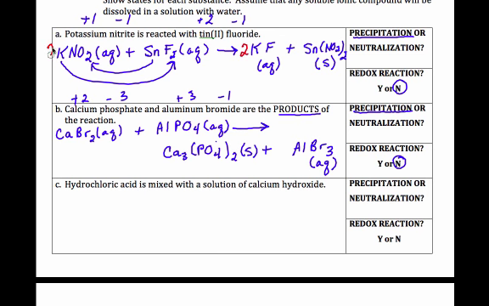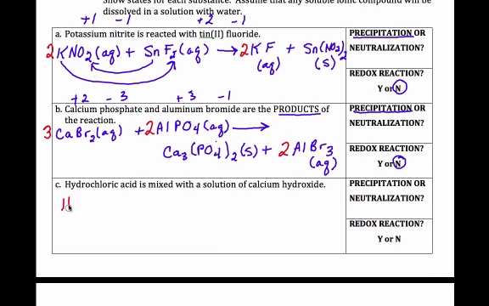And my answer for that one was no. And for this one, I need to balance. And let's see, that gives me 3 calciums, 3 calciums, 6 bromides, 6 bromides, 2 aluminums, 2 aluminums, 2 phosphates, 2 phosphates. It's balanced. All right, let's take a look at this next one.